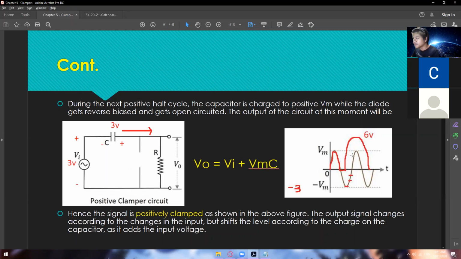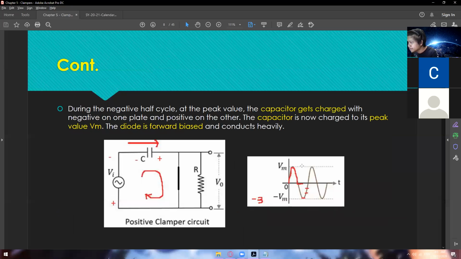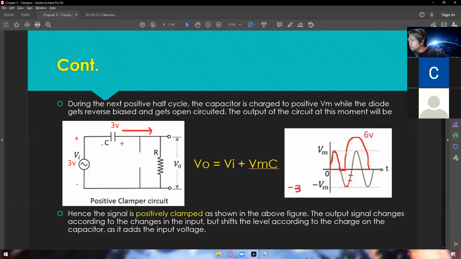Okay. So as a result, let's go back here. We have here the discharge portion up to this point. And then we have here the positive voltage during the positive half cycle, which is now another 3 volts. Okay, and then going down here. So that is why we have here 6 volts, and then completely 0 in our negative side.